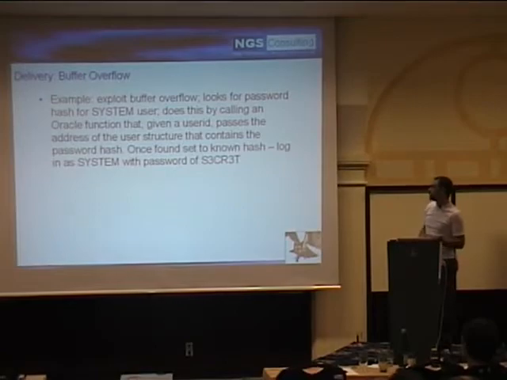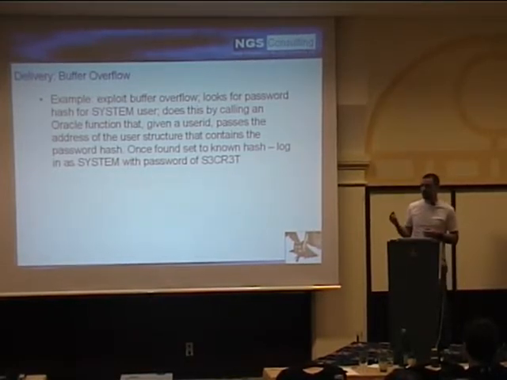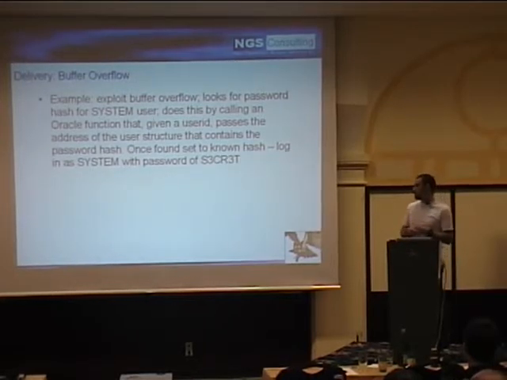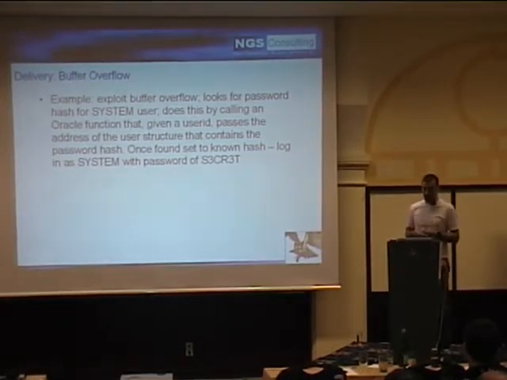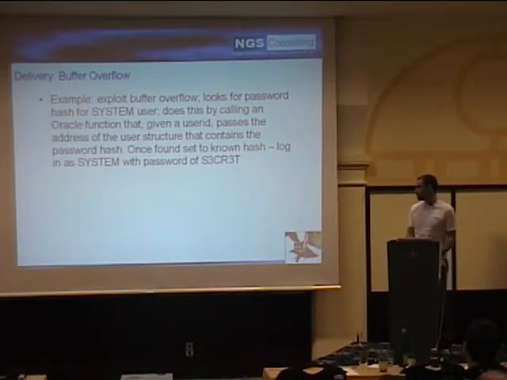The example we're going to show here is an extant buffer overflow in Oracle. It looks for the password hash for the system user, and it does this by calling an Oracle function that hands me back some user structures in the SGA, and once it's found the password hash for the system user, it changes it to a known hash that is a password of secret.